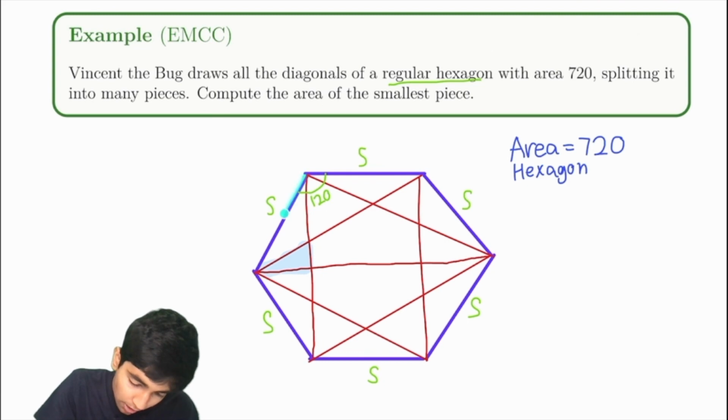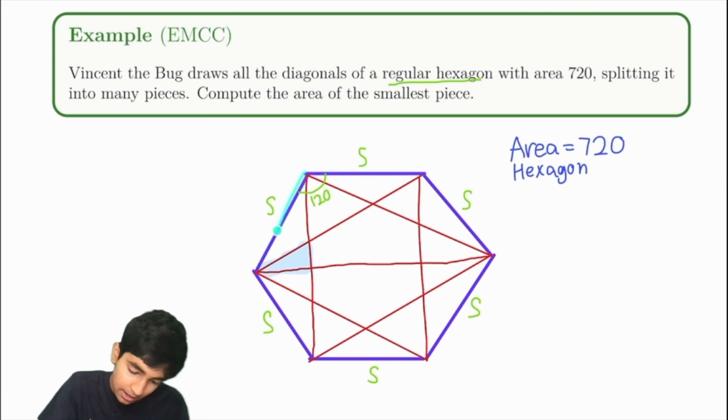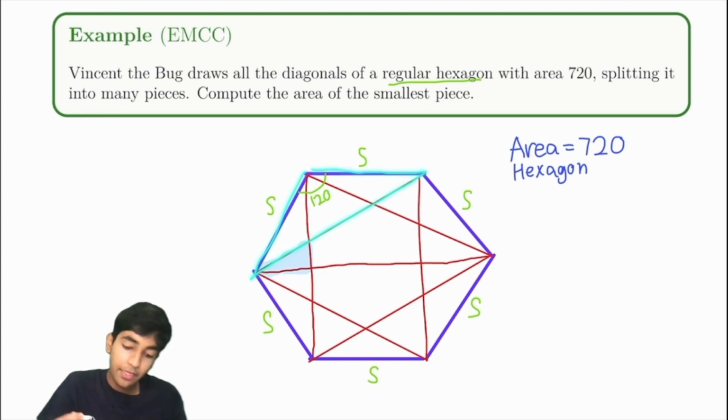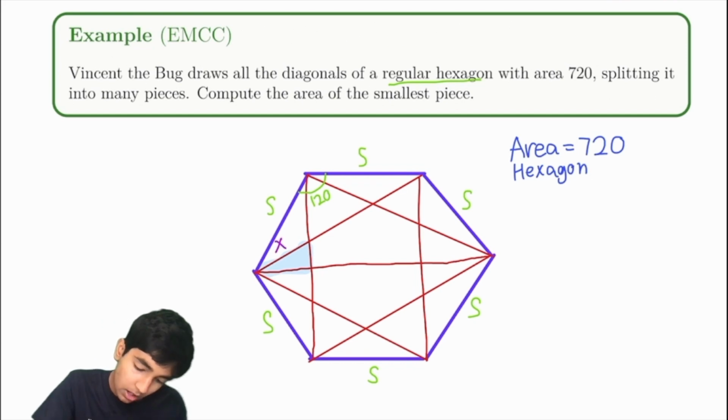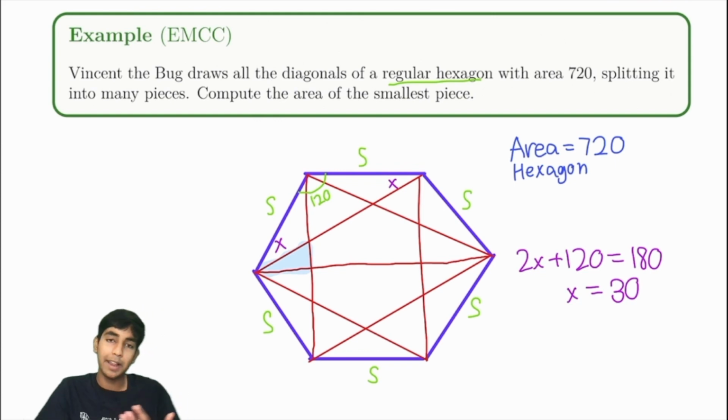Oh, but now look, S, it's an isosceles triangle. This one is an isosceles triangle. And that means that these 2 angles are equal. So if we call them x, we have 2x plus 120 equals 180, meaning that x equals 30. Because 180 minus 120 is 60, divided by 2.